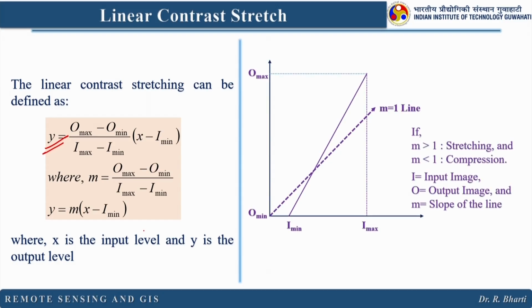Now if you plot this O max, O min and I max, I min, then what does the slope indicate? If m is greater than 1, it indicates stretching. If m is less than 1, it indicates compression. In both cases you need to apply contrast stretching, where I is the input image, O is the output, and m is the slope of the line.